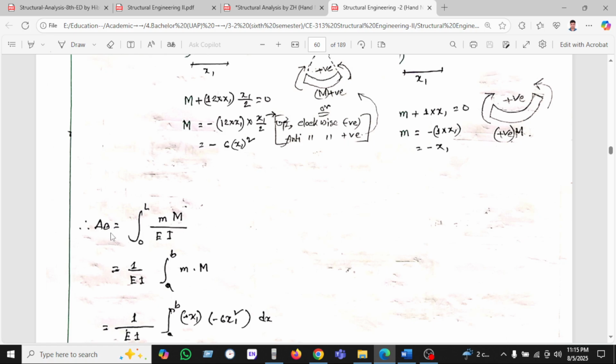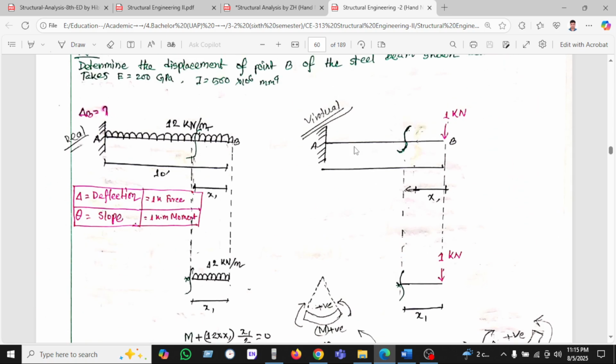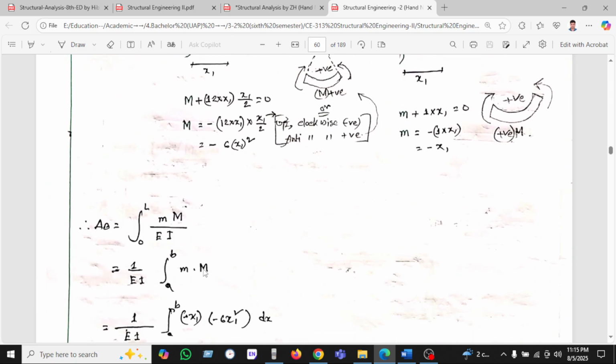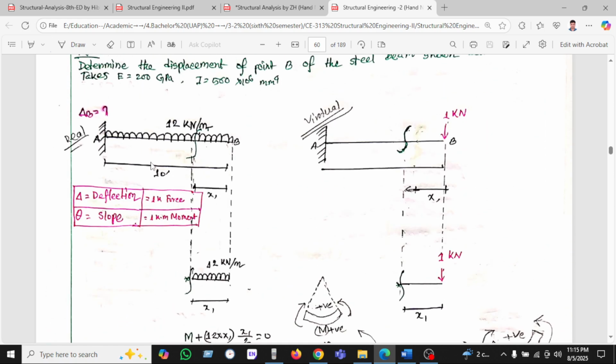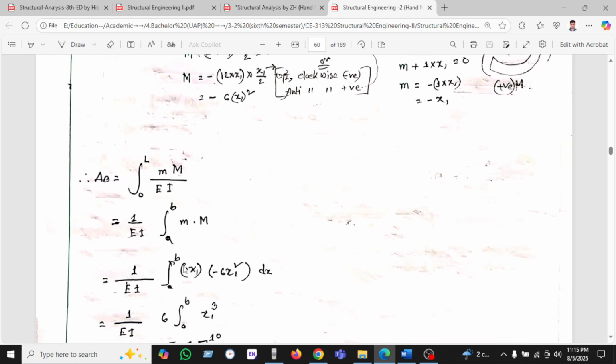As we know, delta b, which is the deflection at b, is the integral from 0 to L, the limiting value, the length, the distance, of small m into big M. Small m is the virtual diagram, and big M is the real diagram. So for the virtual diagram we found -1.